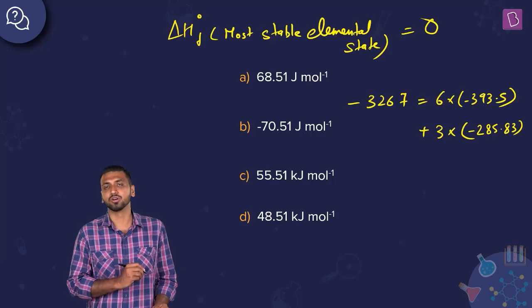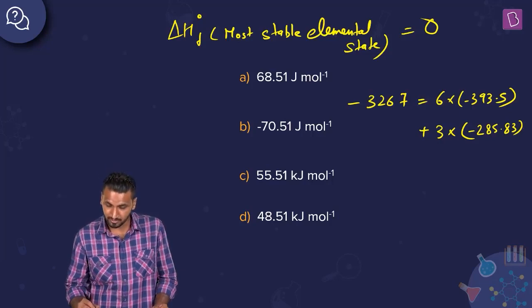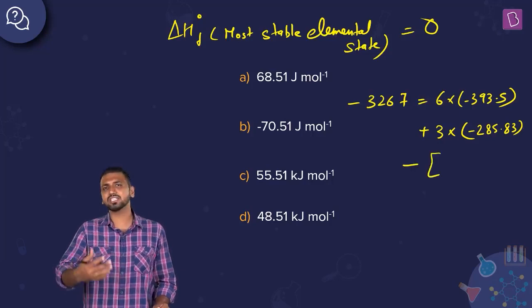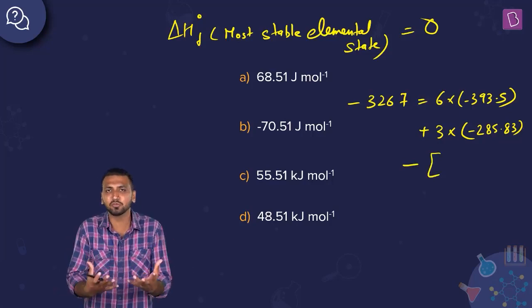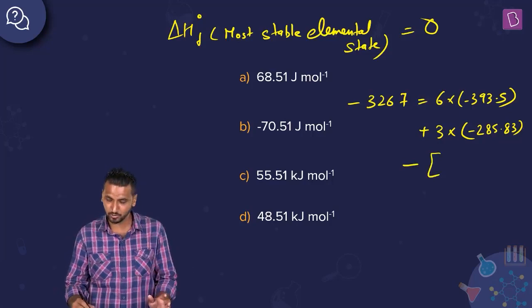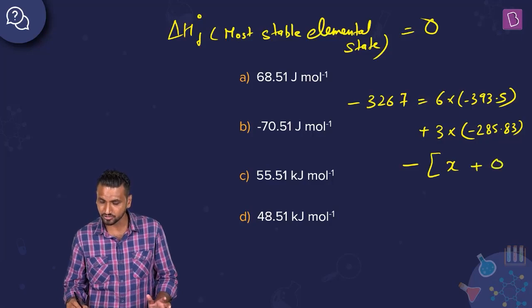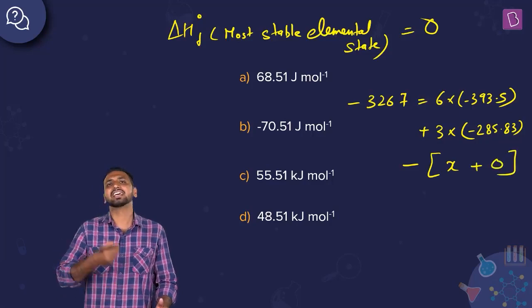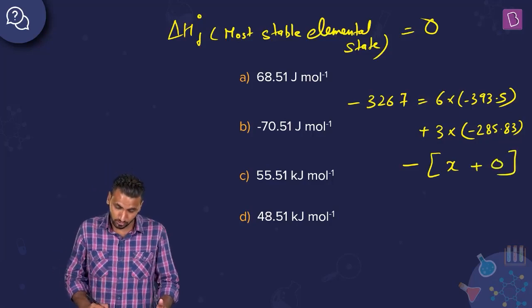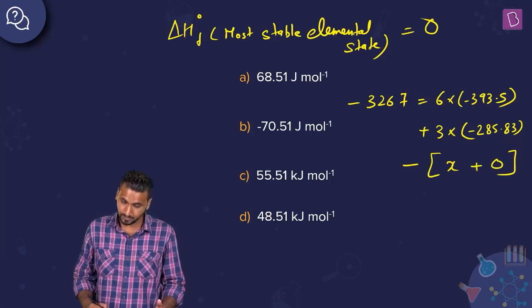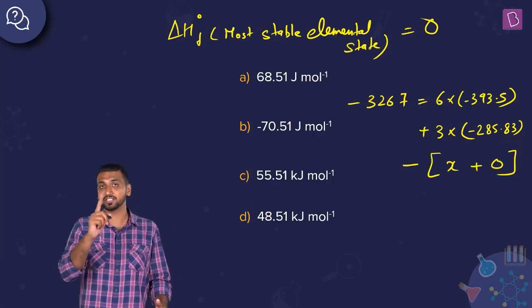Minus, let's assume the enthalpy of formation of benzene as X. That's what we need to calculate. Plus 15 by 2 into 0 is 0 again. So we need to solve this. Lengthy calculation. That's why it is a 2 star question.